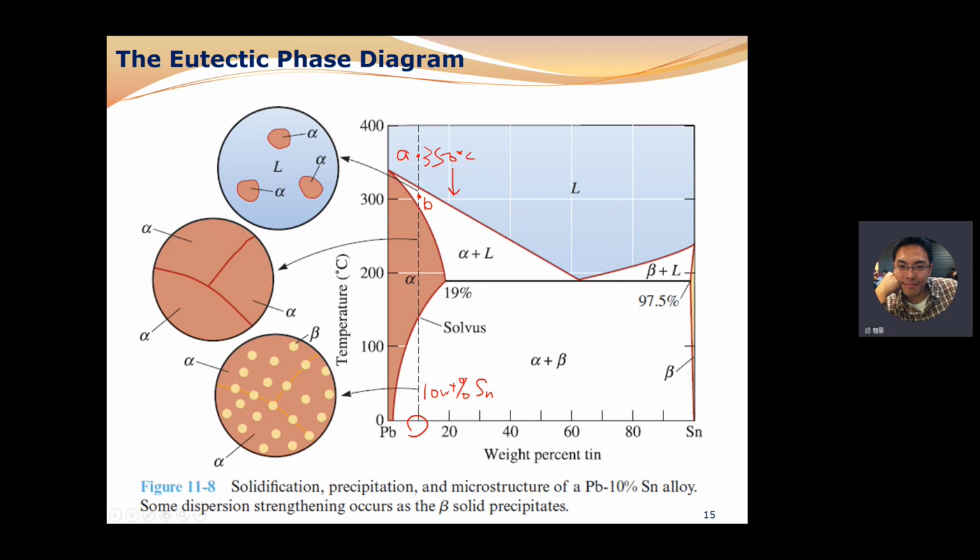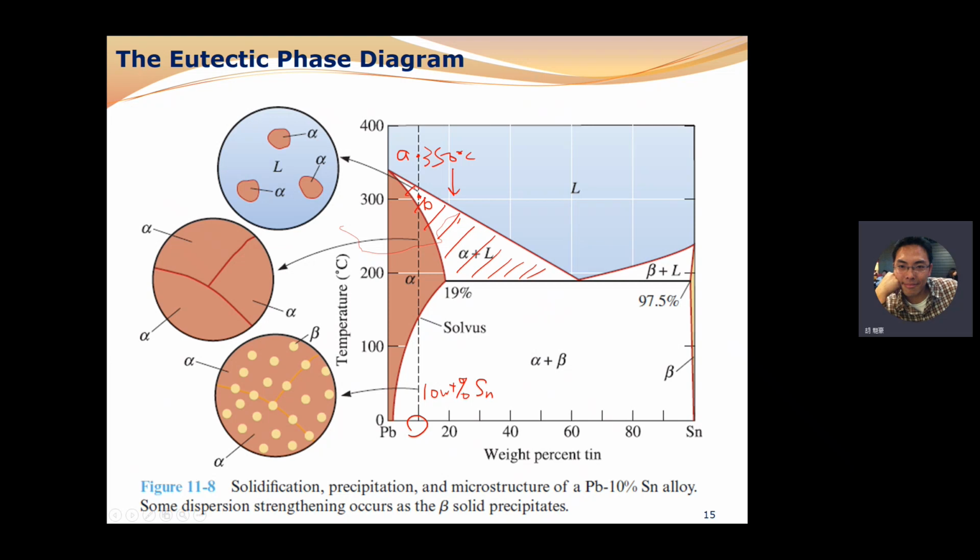It's a two-phase region, right? That means solid and liquid coexist. So as we cool the temperature from 350 to maybe 300 something, the solid alpha phase begins to form.